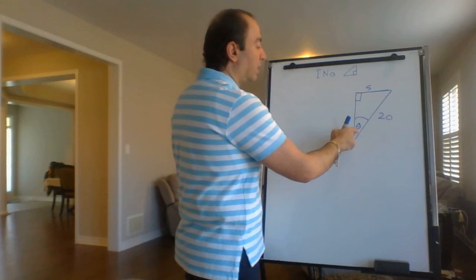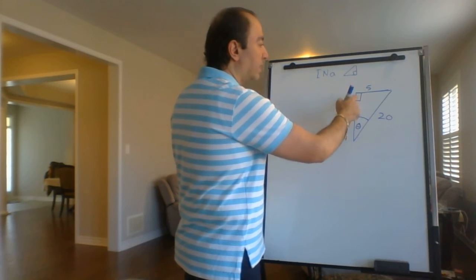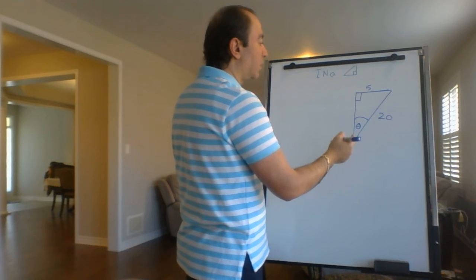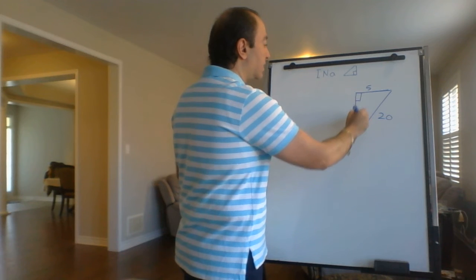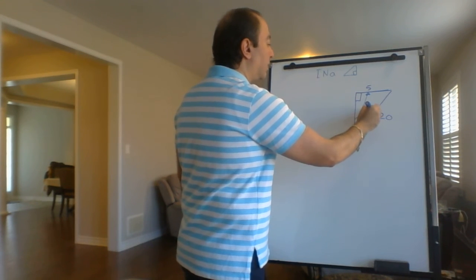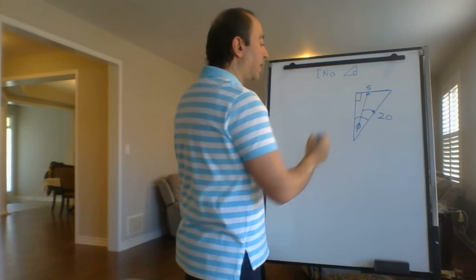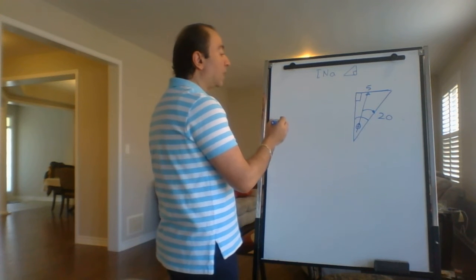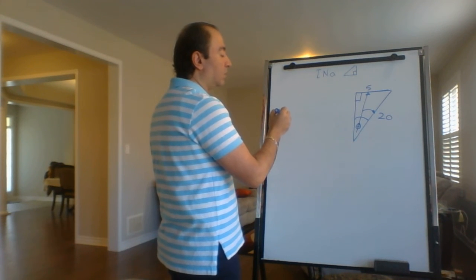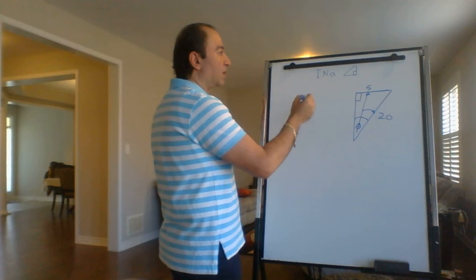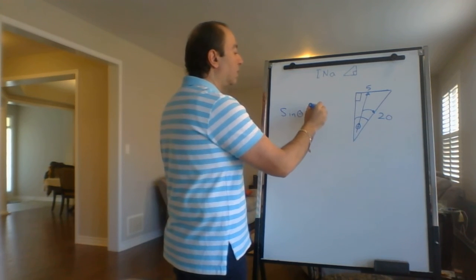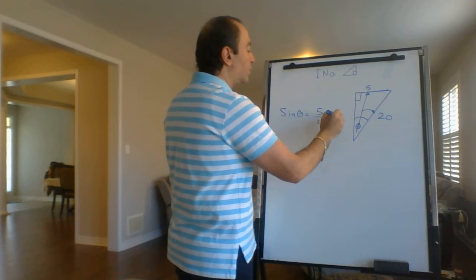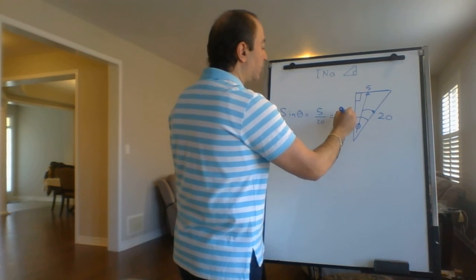I look, this is theta, this is a right triangle, so I can use sine, cosine, or tan, depending on what's given. What's given to me is the side that's across and the hypotenuse. So opposite and hypotenuse. Which of the ratios is opposite and hypotenuse? It is sine. So sine theta equals 5 over 20, which is 0.25.